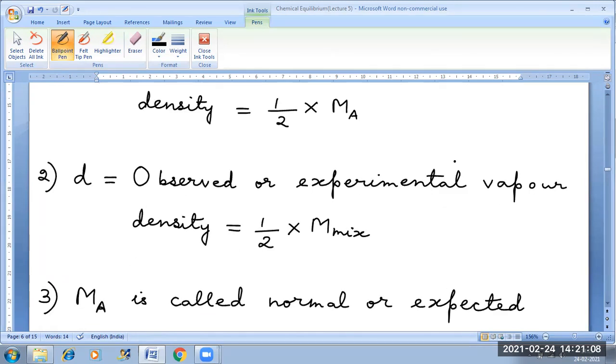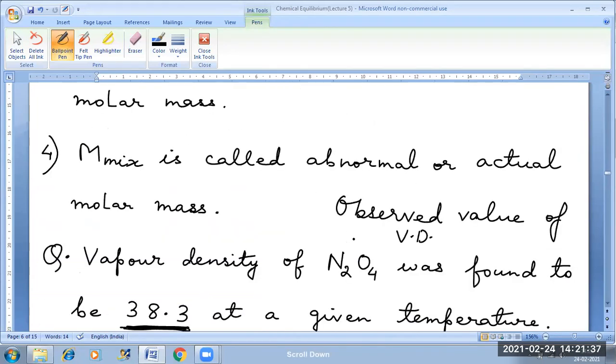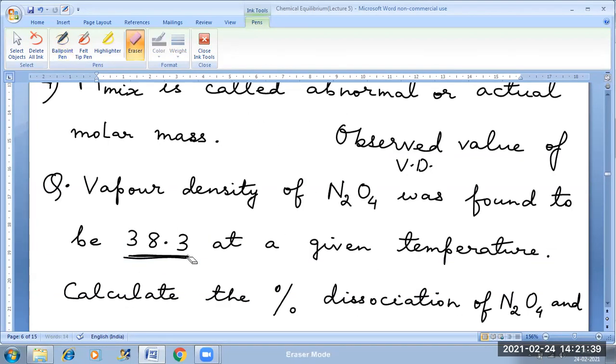Observed vapor density is experimental vapor density, which is nothing but half of mx, or I can say it is equal to small d as per the notation. So whatever value is given for vapor density in the question is the experimental or observed value of vapor density, which is small d. So 38.3 is the value of small d.